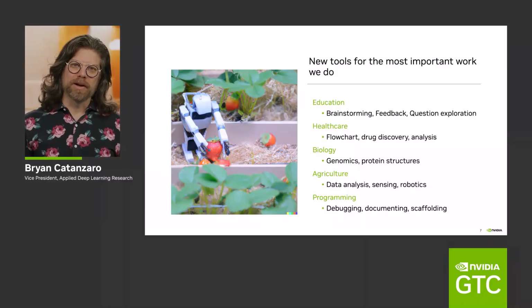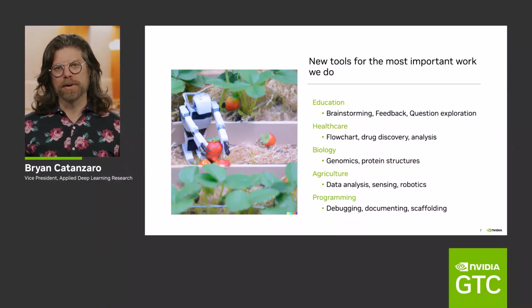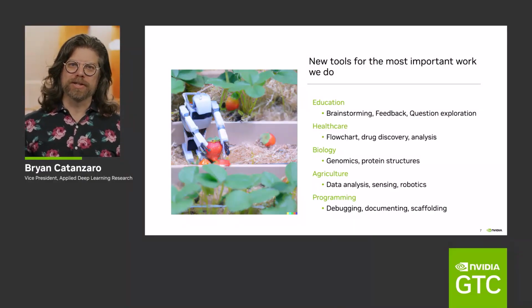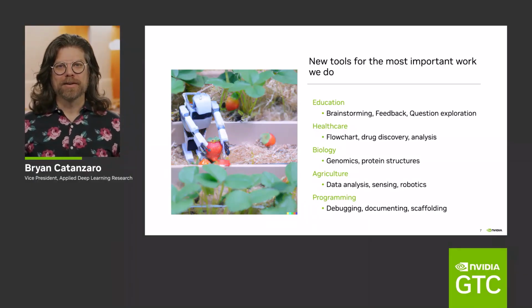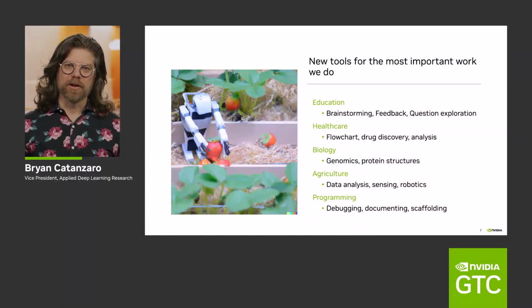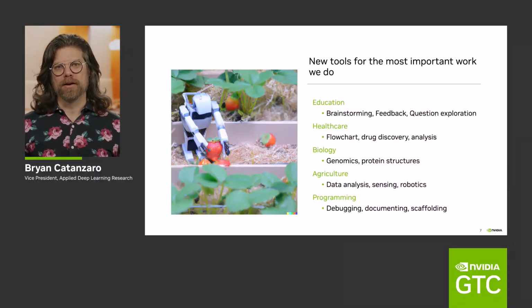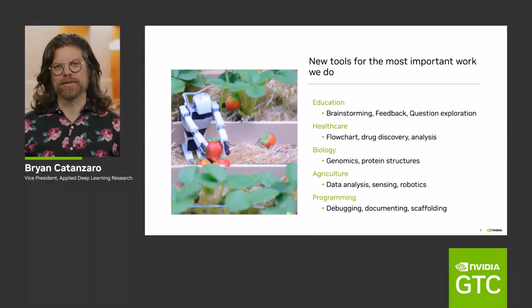It's going to help analyze various health conditions and help us come to a better picture of our health. When we think about biology, we need to be able to understand large volumes of data, whether that's in protein structures or in genomics. And generative AI is going to help both with analysis as well as synthesis, where we can deeply understand the information we have and then use that to synthesize new things that can help us.